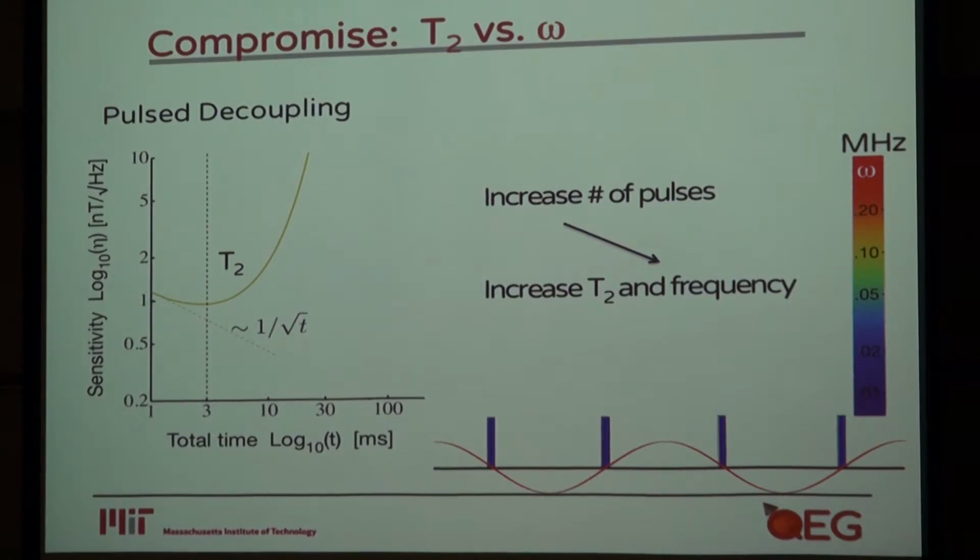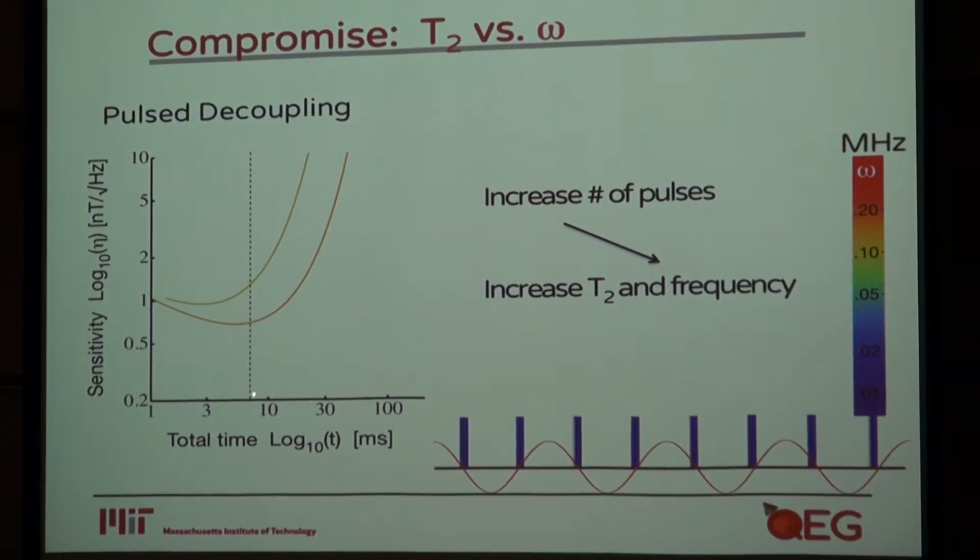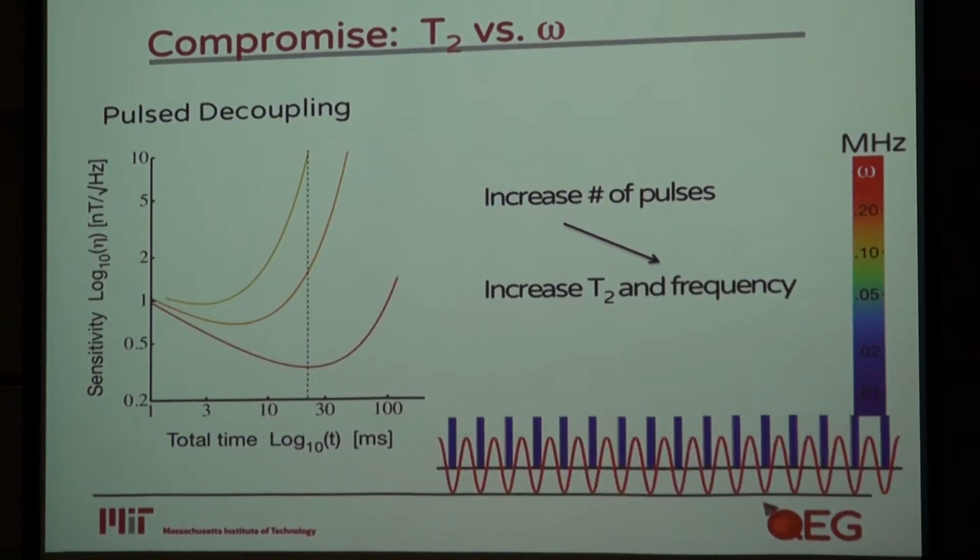So I add an extra pulse. Now my coherence time is a bit longer, so I see this exponential decay at a slightly longer time. And so correspondingly, the sensitivity, because I can go down with this 1 over square root of t for longer, is slightly better. And I can keep doing this. I can add some more pi pulses, and I have a better T2 time, so I have a better sensitivity.